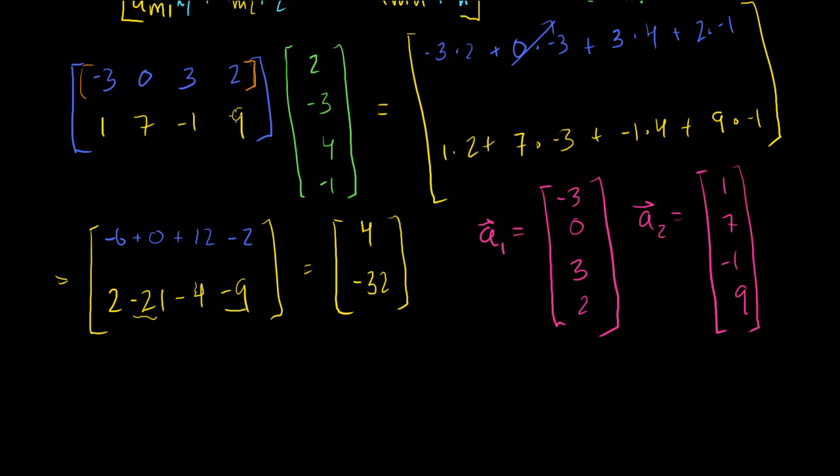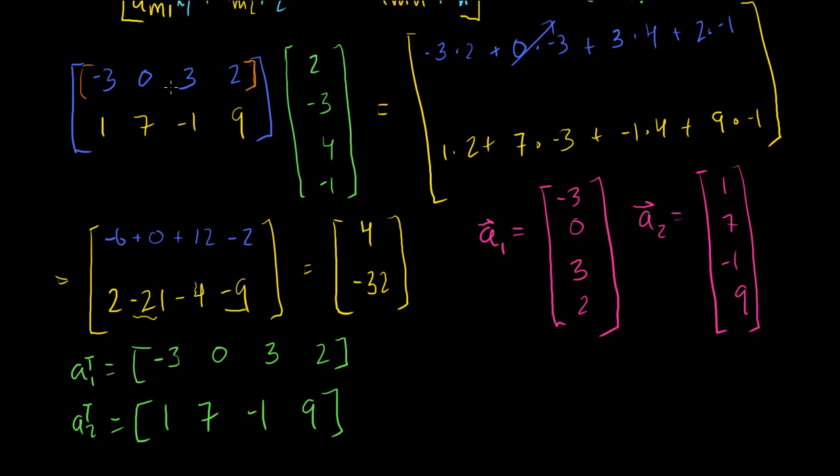So what we can define to turn these guys into row vectors is the transpose function. And transpose, you just turn the rows into columns and the columns into rows. So if this is A1, then A1 transpose will just be the row version of this. So it's minus 3, 0, 3, 2. And then A2 transpose would be equal to 1, 7, minus 1, and 9.